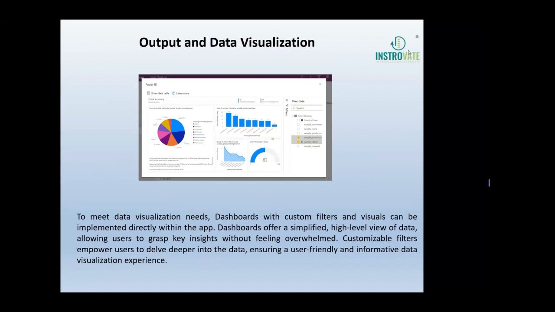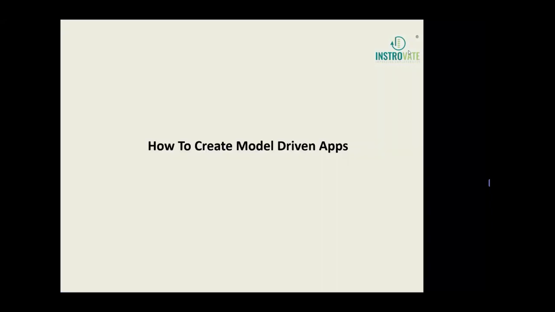A dashboard offers a simplified, high-level view of data. It allows users to grasp key insights without feeling overwhelmed. Customizable filters empower users to delve deeper into the data, ensuring a user-friendly and informative data visualization experience. Okay, so this was output and data visualization.